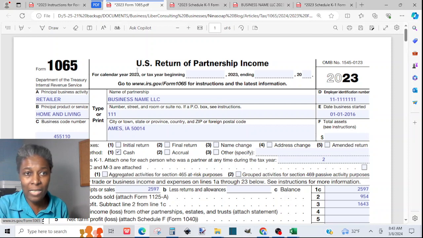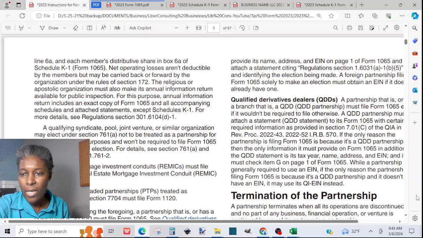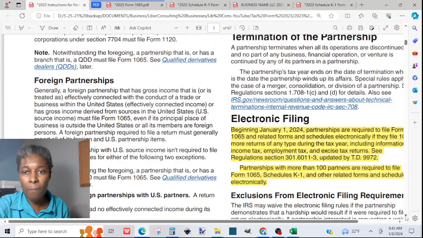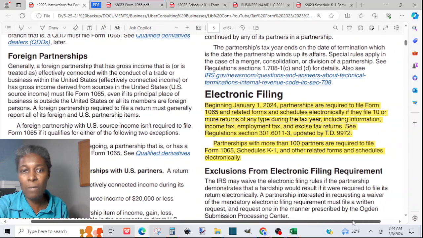There is something I didn't point out though, is where to mail your 1065. So if you want to paper mail it, you might want to read the requirement for electronic filing.